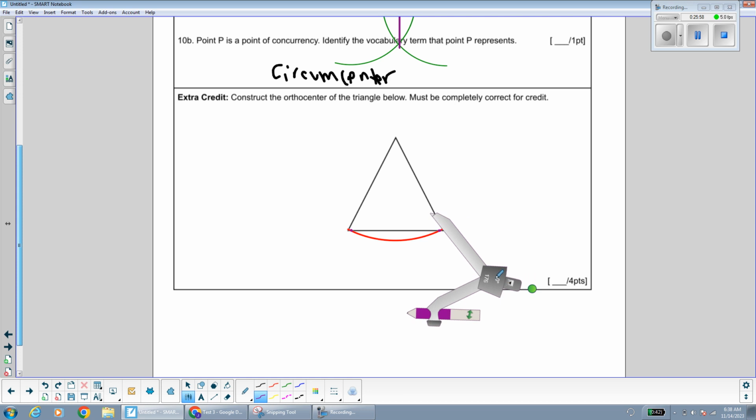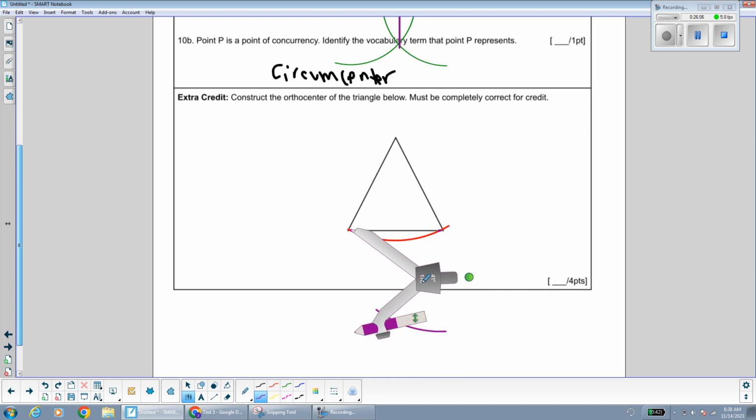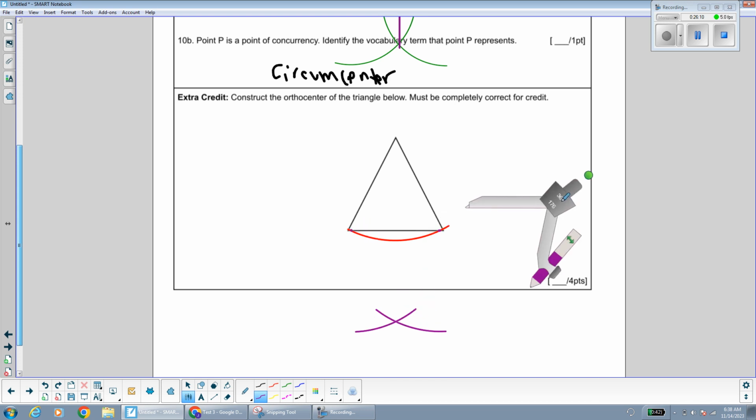And then all I need to do is put my compass on each one of those intersection points. The exact distance does not matter. And right through those intersection points, we're going to make our altitude that goes through the opposite vertex.